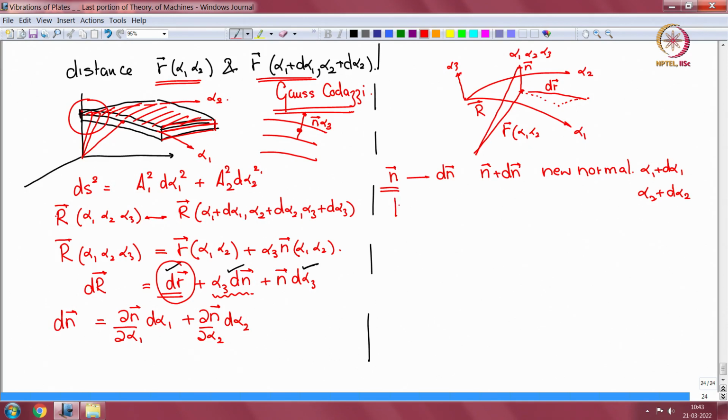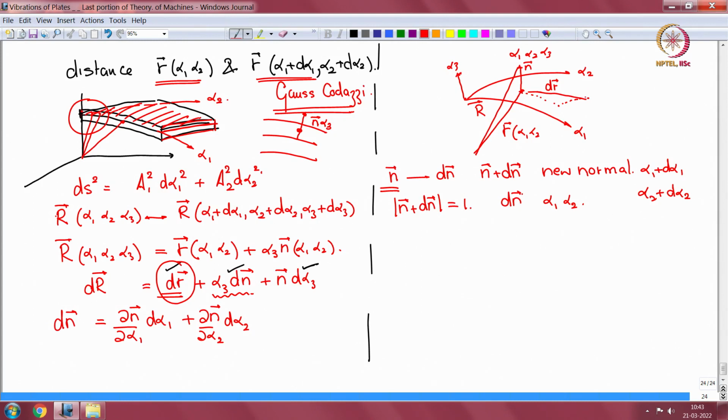That means what? This also should be a unit normal, equal to 1. Okay, and therefore, dn changes have to be in the alpha 1, alpha 2 directions. Okay.